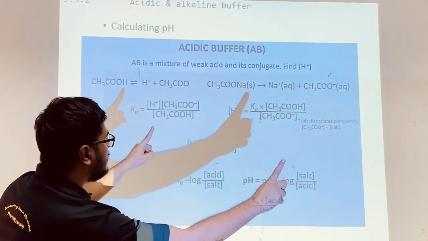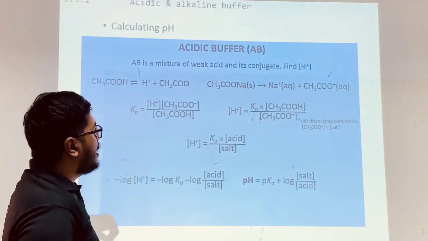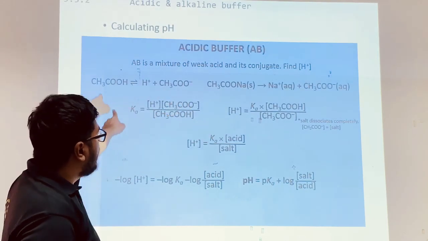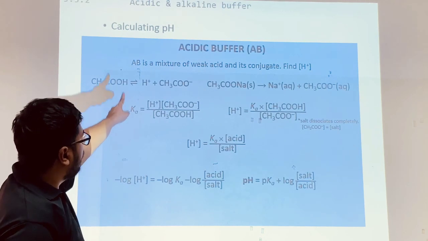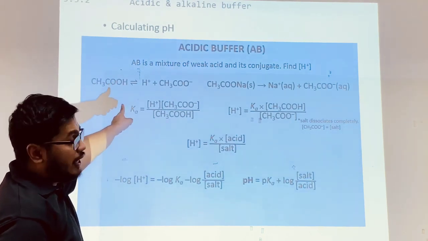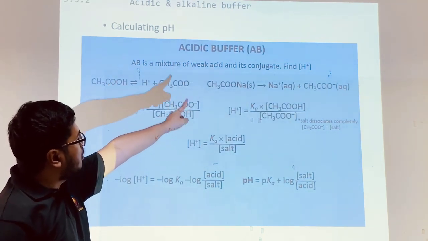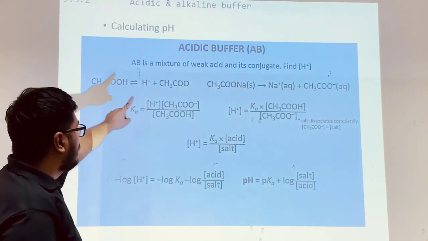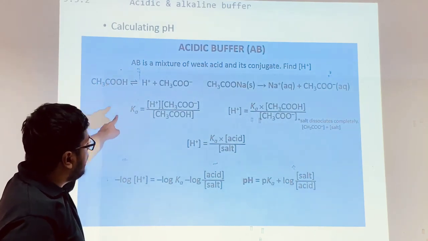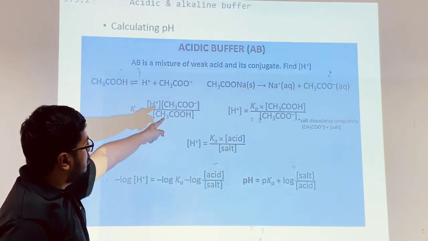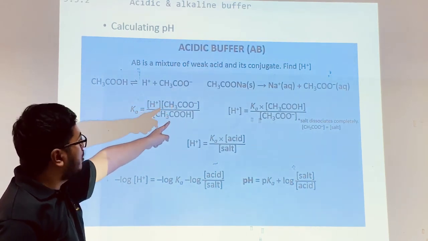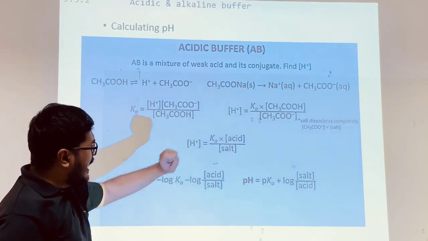So bila kita mix dua ini akan jadi buffer. So guna equation ini, the concentration of ethanoic acid and ethanoate ion is high. So bila kita tulis equation ini dalam bentuk equilibrium expression, Ka equals H+ and ethanoate ion over acid.